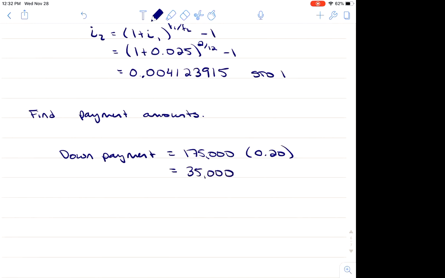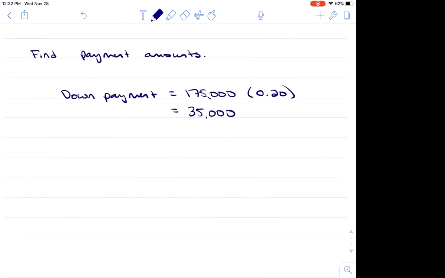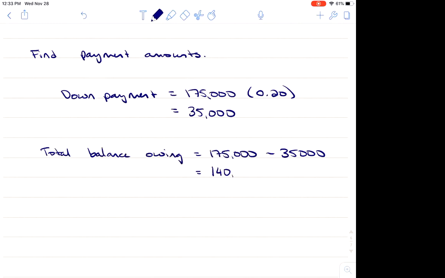So she's already paid 35,000 of that 175. So the total balance owing that she has to pay off is 175,000 minus 35,000, $140,000.